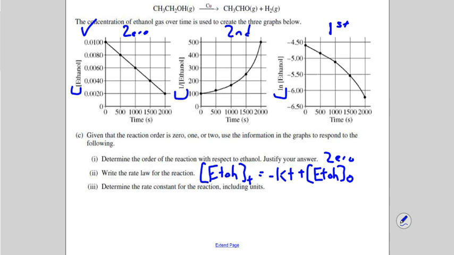our initial concentration of ethanol. How do we figure out the initial concentration? In this case, it's our y-intercept. That's our initial concentration.